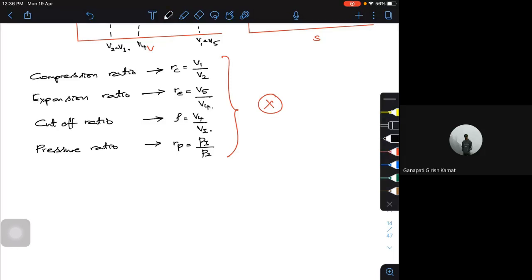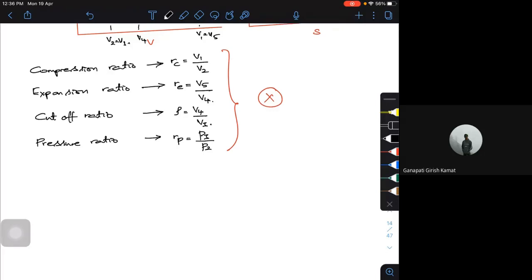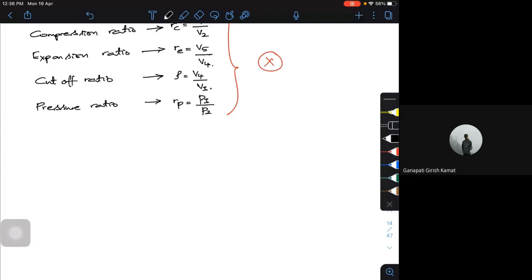Now we'll proceed and try to obtain the expression for the work done, or the expression for the thermal efficiency. What is work done actually? Work done is equal to heat supplied minus heat rejected.